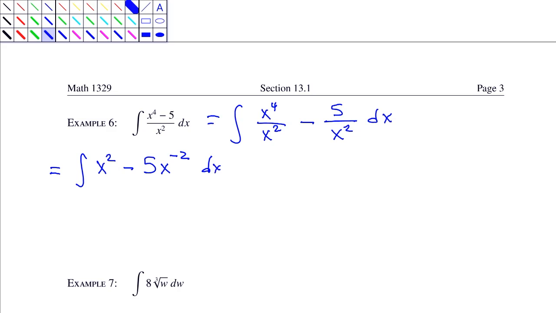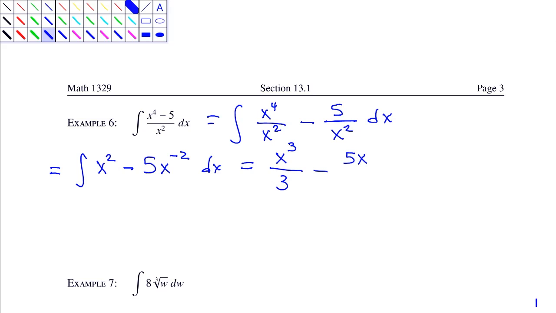Notice I still have the integral sign, and I still have the dx. And now we integrate. All right, what's the integral of x squared? So raise the power by 1, divide by the new power. So it's x cubed over 3 minus 5.